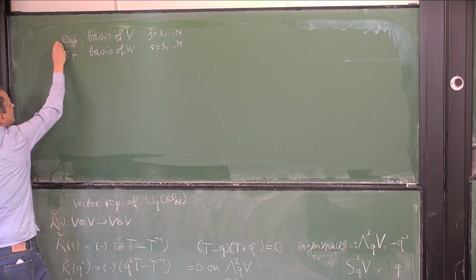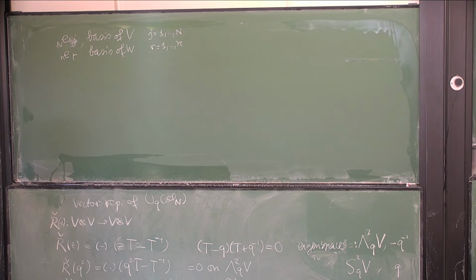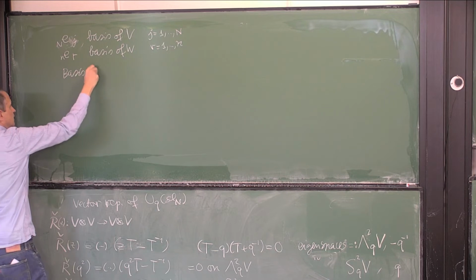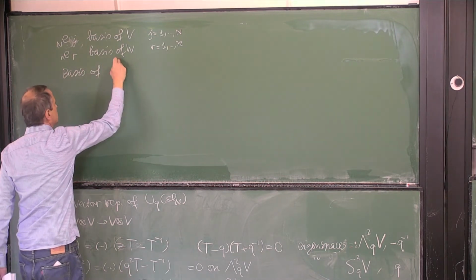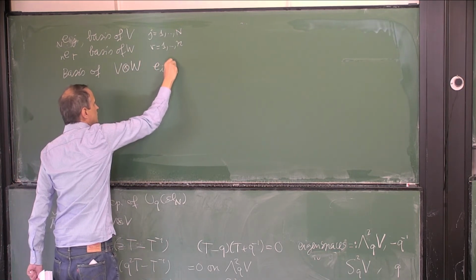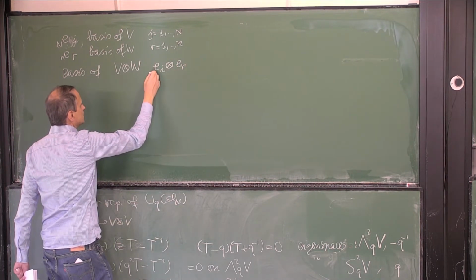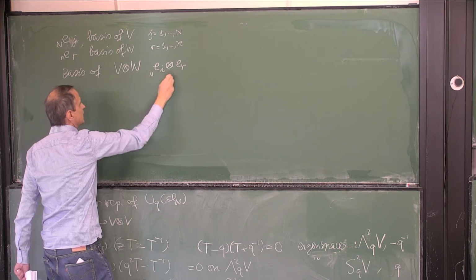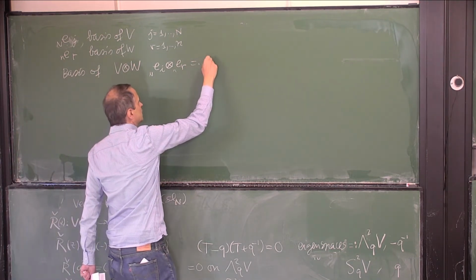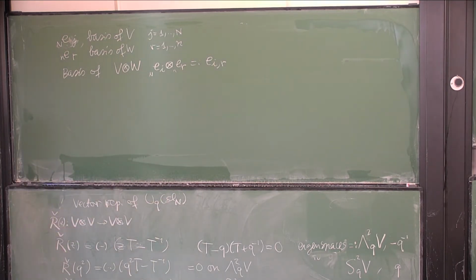Let me put temporarily an N here and an n. Then a basis of the tensor product V tensor W will be e_i times e_r, where now the position is clear. You don't need to specify, but let me write it in very small font. To simplify, let me call it e_ir.